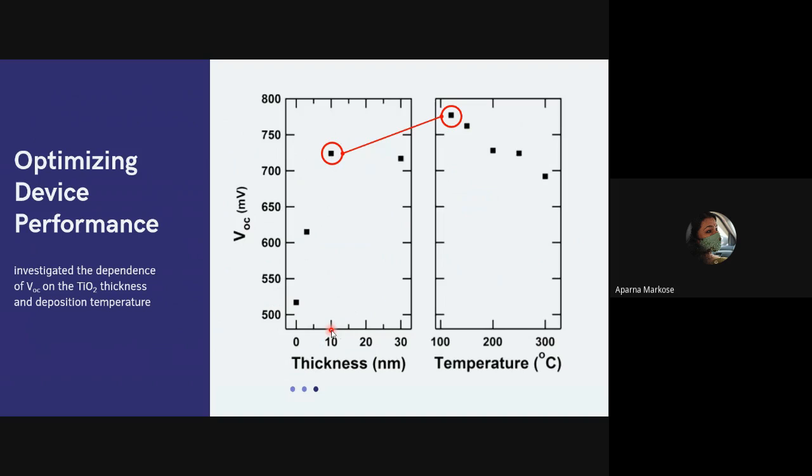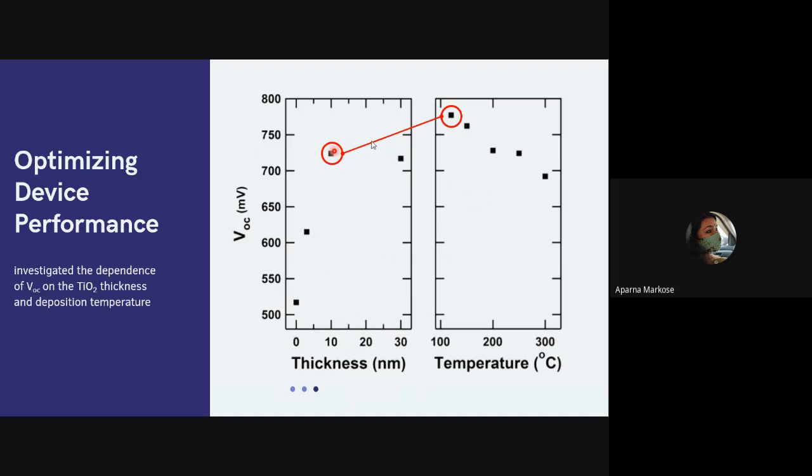When it is between 10 and 20, the open circuit voltage is at the maximum, and then it reduces. This is the voltage, this is the thickness. This is 725 or something, the maximum we get by varying the thickness. When the thickness is increased beyond 20, the voltage decreases.